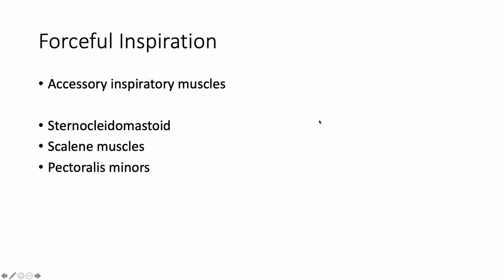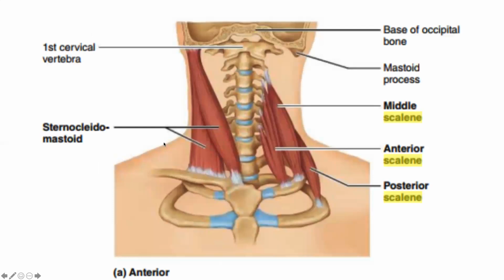But let's say we have to take a forceful inspiration, for example, when we are running, struggling, out of breath, our accessory muscles need to help. These accessory muscles are the sternocleidomastoid, which we have seen, the pectoralis minor, which we have seen, and we need to go and see the scalene muscles. Look at the scalene muscles here. There are 3 scalene muscles, the anterior, middle, and posterior scalene.